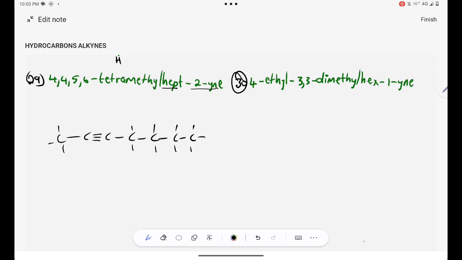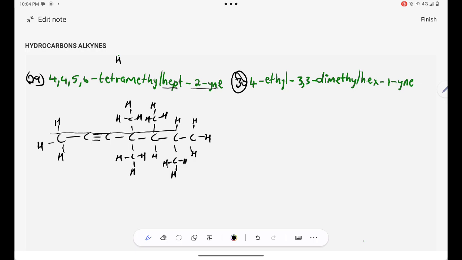At carbon number 4, I have my 2 side chains. At carbon number 5, another side chain. Carbon number 6, another side chain. Just write the hydrogens over there. So this will be the structure of 4,4,5,6-tetramethylhept-2-yne. The structure should be like this, right? And obviously this is your parent chain.